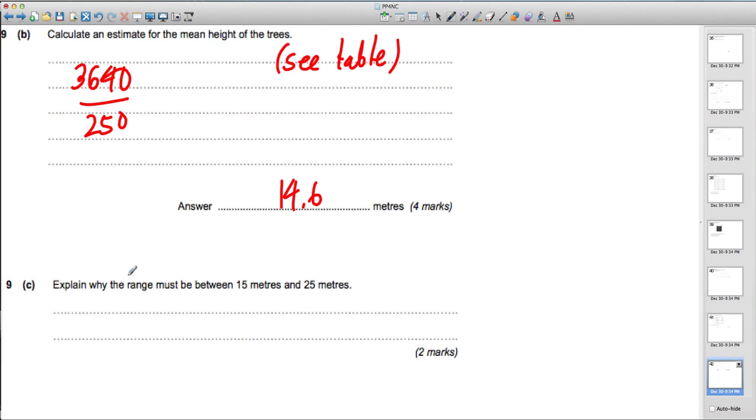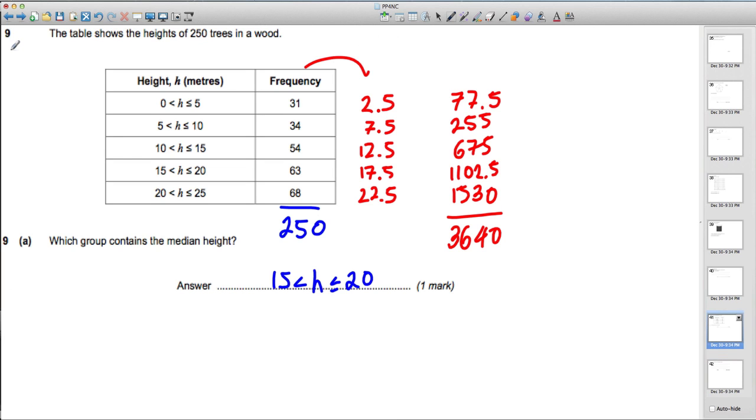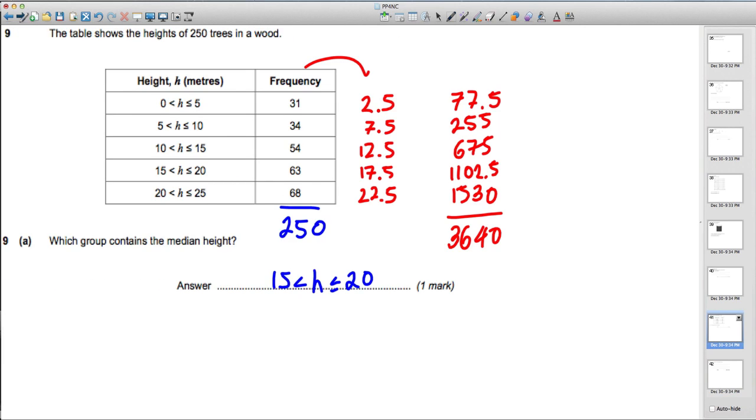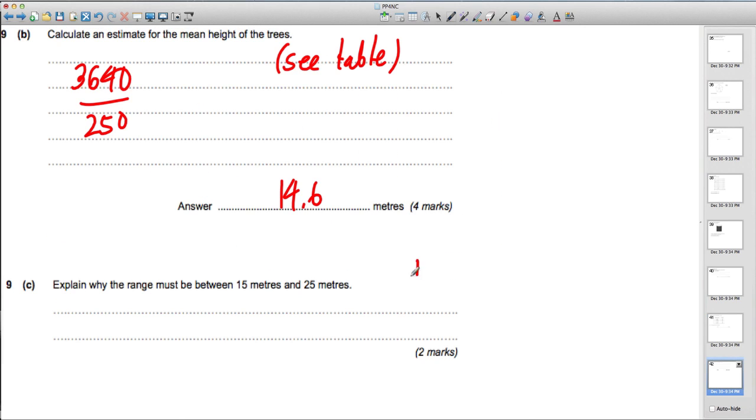Explain why the range must be between 15 meters and 25 meters. Looking back here, why is the range between 15 meters and 25 meters? Well, the range is the biggest subtract the smallest.